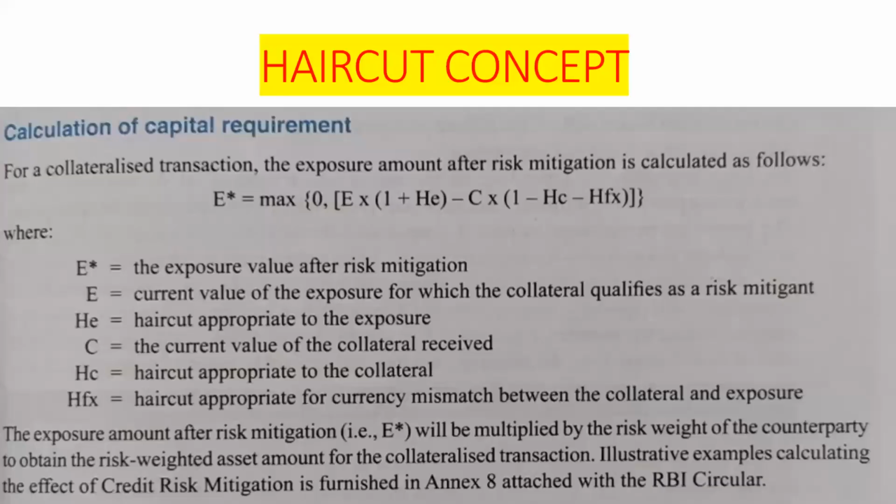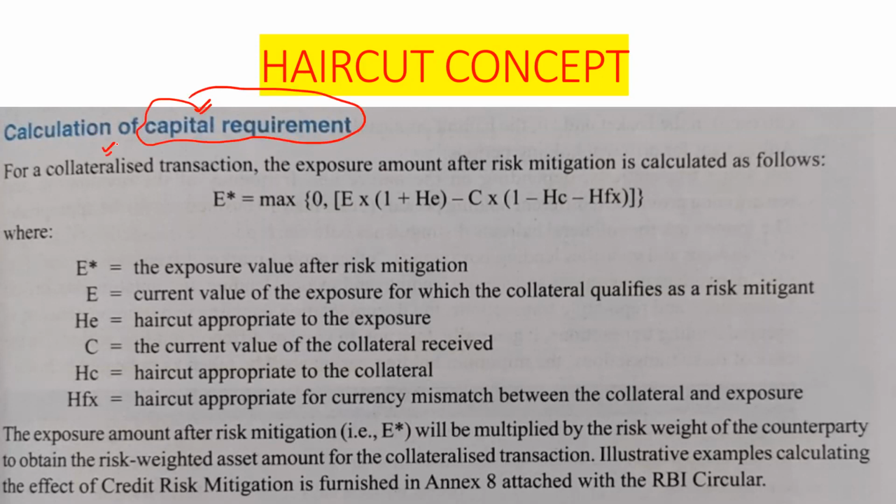Now move to the next one. This is the haircut concept given in the book, but we have to discuss it in another way: calculation of capital requirement. Clear? What we have to do here is the calculation of the capital requirement.